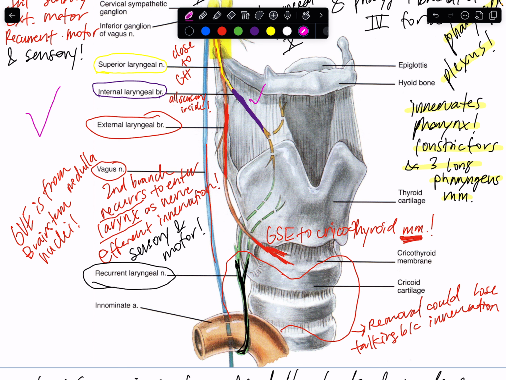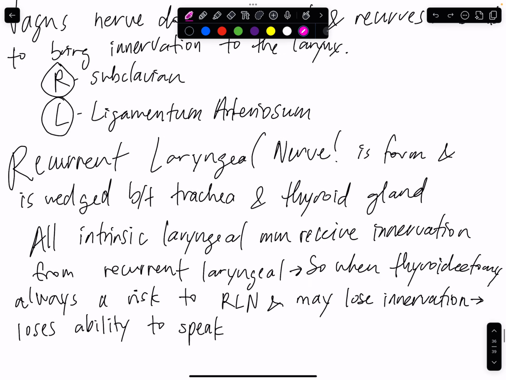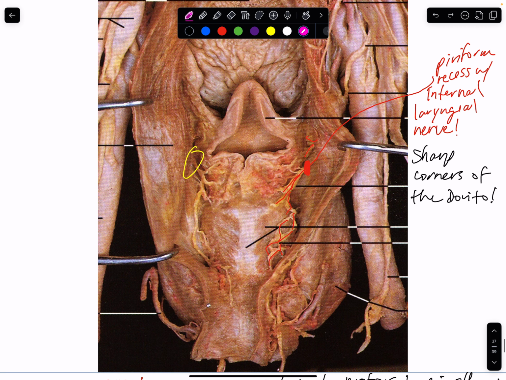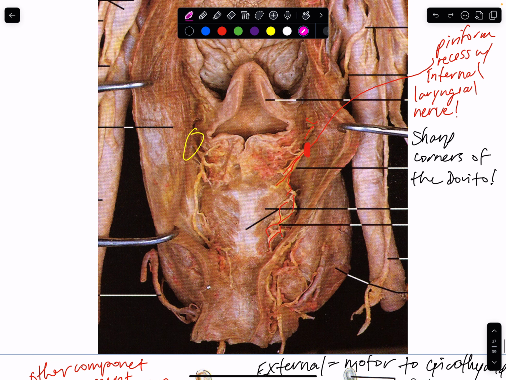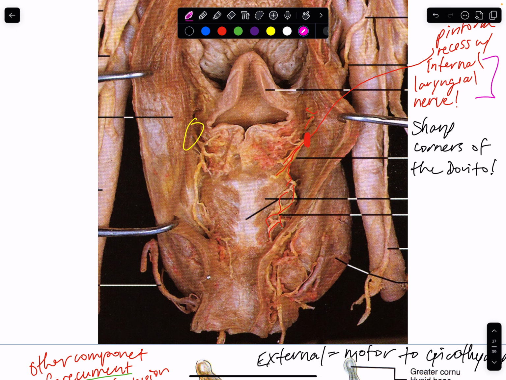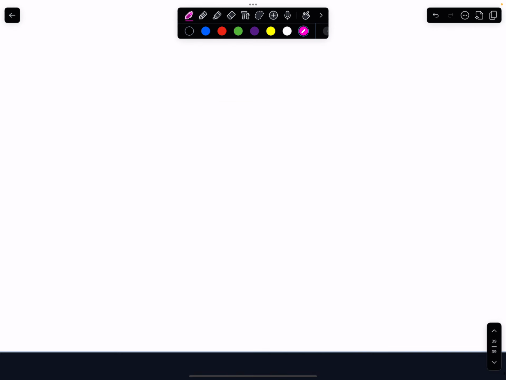Here's that internal laryngeal branch, the external laryngeal branch, and superior laryngeal branch. This is just talking about GSEs and all those here. Here is a wonderful image of your internal laryngeal nerve inside that gutter. So that's what we're going to be looking for. Very delicate, as you can see. So we're going to be very careful.